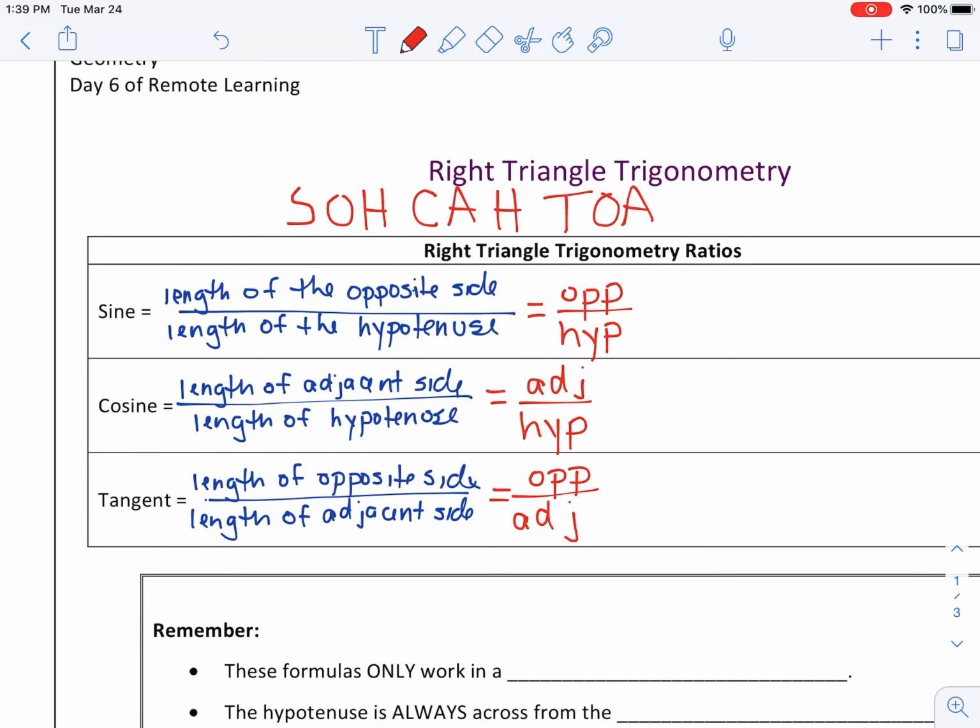So for example, this first part tells you that the sine is the opposite over the hypotenuse, the cosine is the adjacent over the hypotenuse, and the tangent is the opposite over the adjacent. Okay? This will make more sense once we do a couple of examples, I bet.